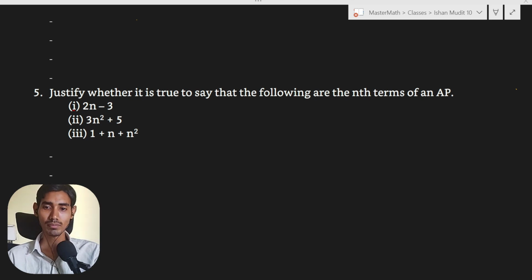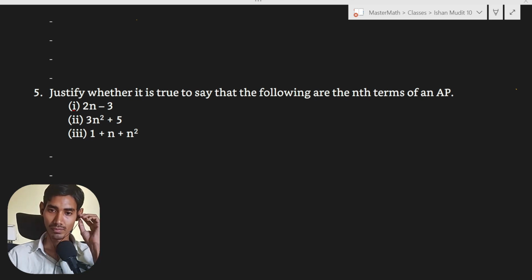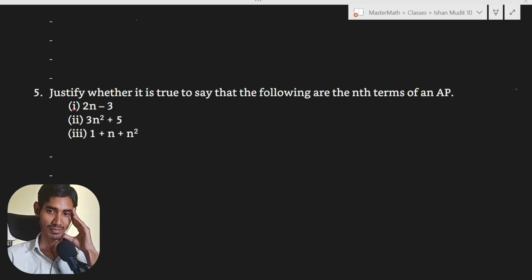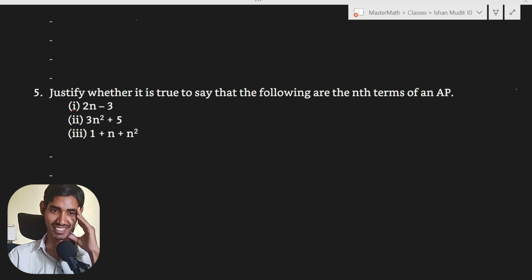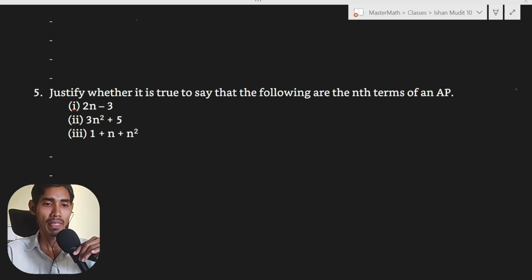Yes, Mohita. The second one is also an AP. I fear not. Ishan and Mudit are nodding their heads. It's not. Just give me your values, the first 3-4 terms, Mohita.